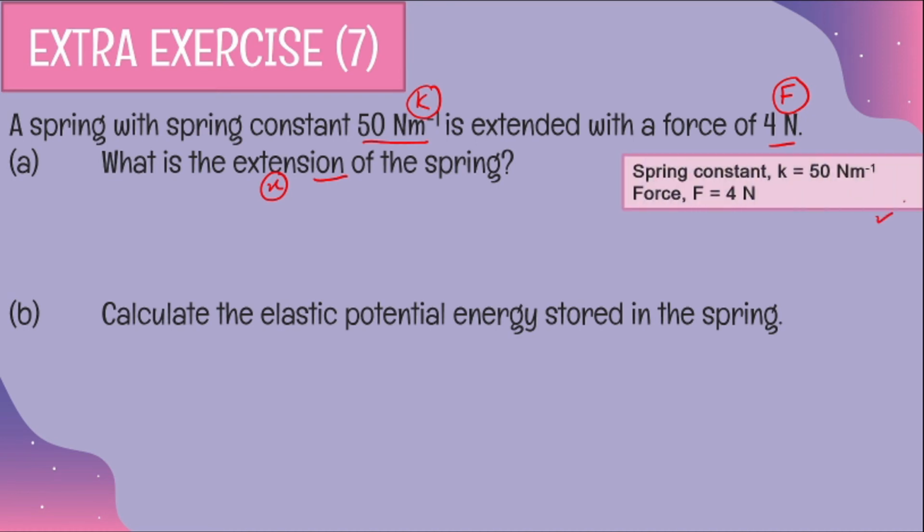These are the values given lah. So F equals to Kx. K ada, X ada, X tak ada. Okay, so masukkan. So X in meter. Sebab kita punya F is Newton, K is Newton per meter. So X pun nanti dalam meter.